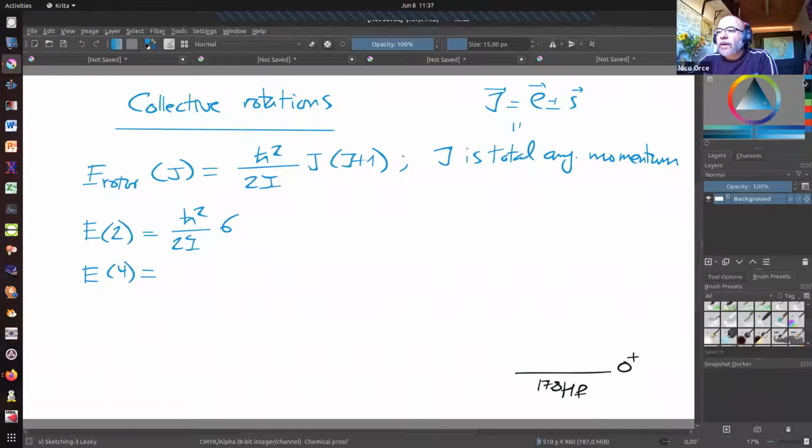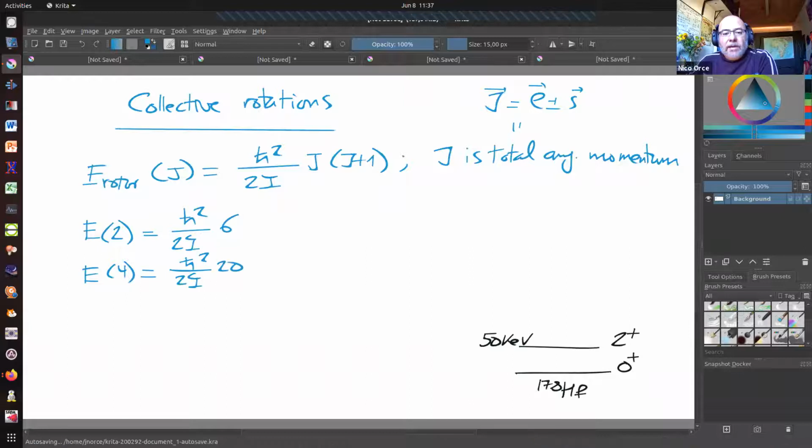So we're going to have the 2 plus here, and let's assume this is 50 keV, as we assumed before. And now for the 4 plus, we have h bar squared over 2 times the moment of inertia, 4 times (4 plus 1), 5 times 4, 20, right?